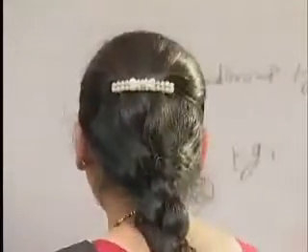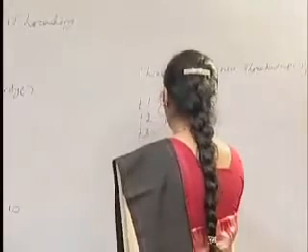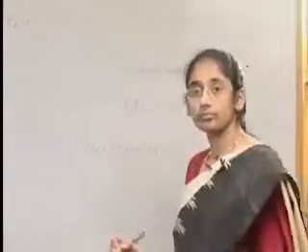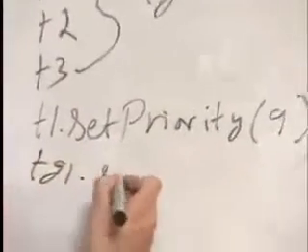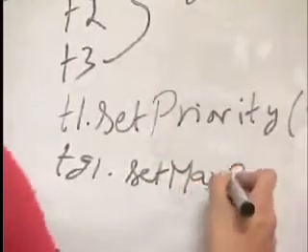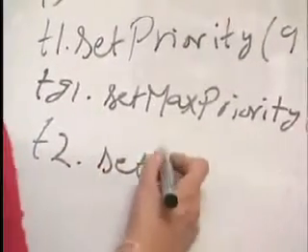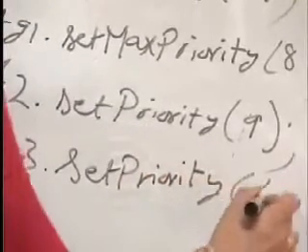Now let's say I set the priority for T1 to 9. Then I say TG1.setMaxPriority of 8. Then we say T2.setPriority of 9 and T3.setPriority of 6.